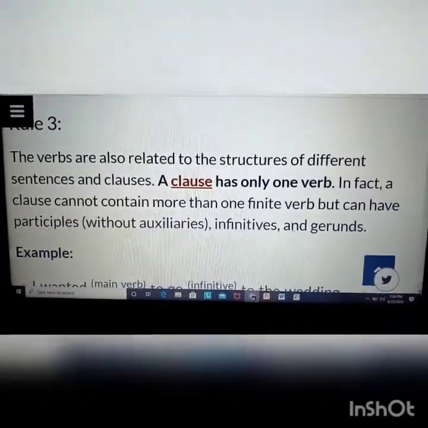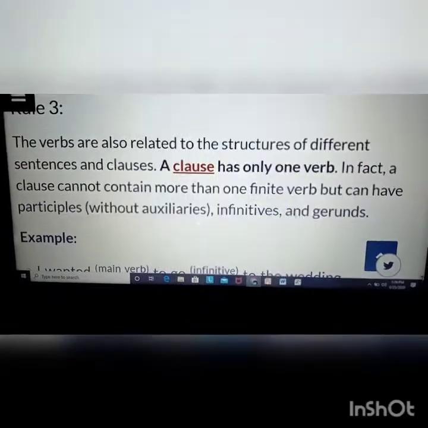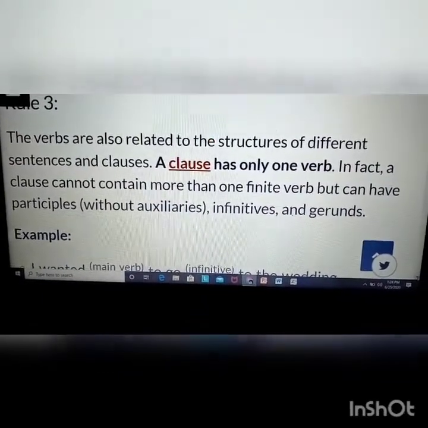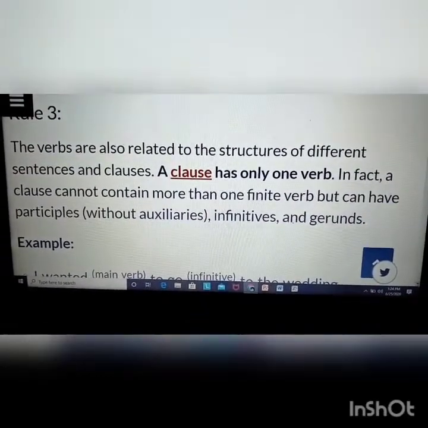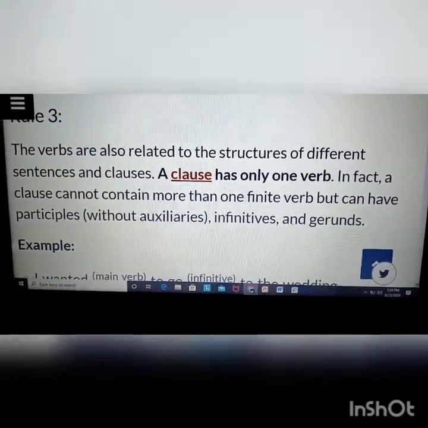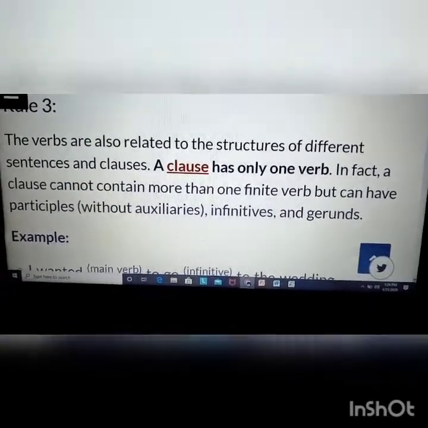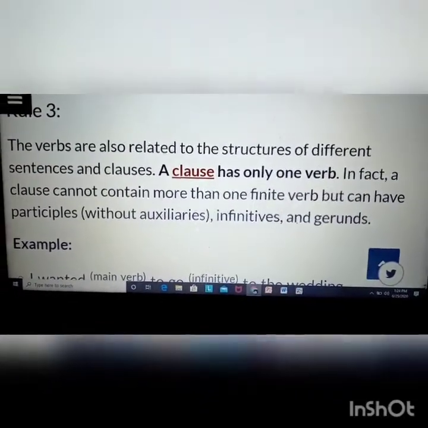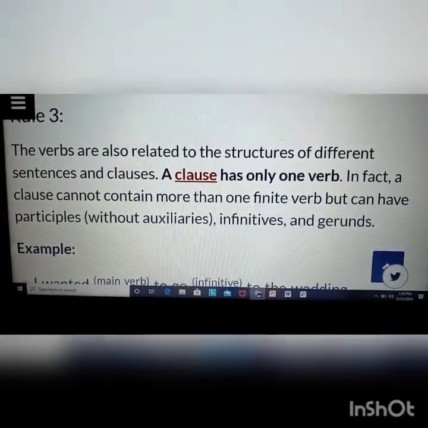Rule number 3. The verbs are also related to the structure of different sentences and clauses. A clause has only one verb. In fact, a clause cannot contain more than one finite verb but can have participles, infinitives and gerunds.